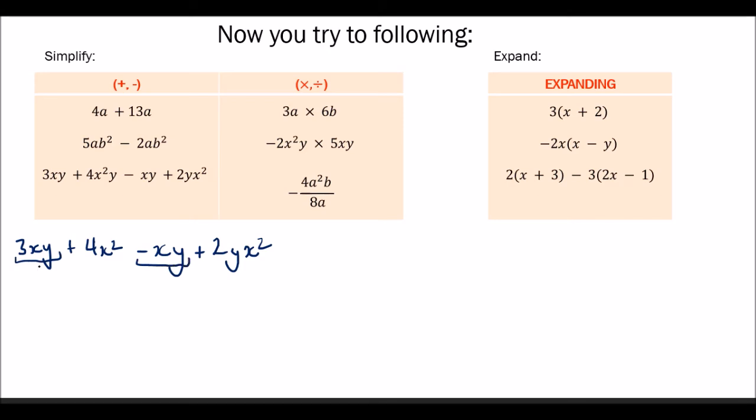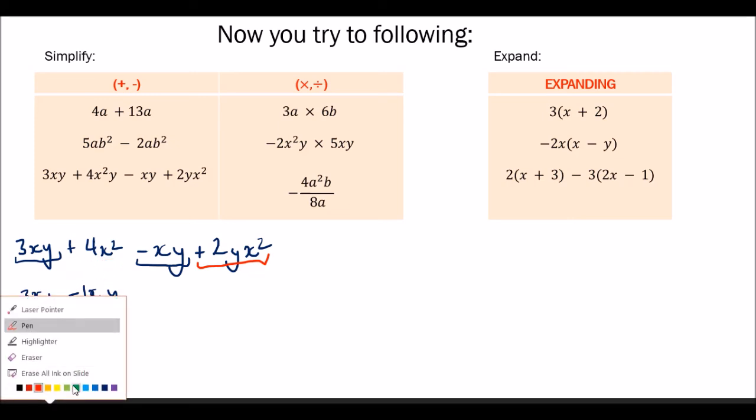So if you want to, you can rewrite it and just go 3xy, take away xy. Remember, in front of that letter, there's a magic one that you don't see. And then the other one is plus 4x squared y and plus 2yx squared. Sorry, I forgot to put a y there, my bad.